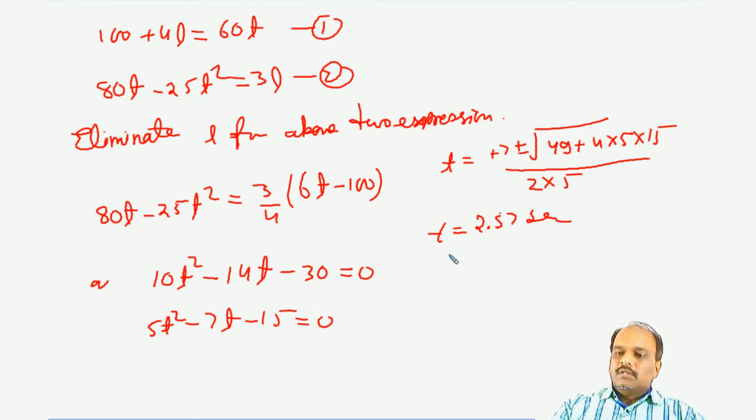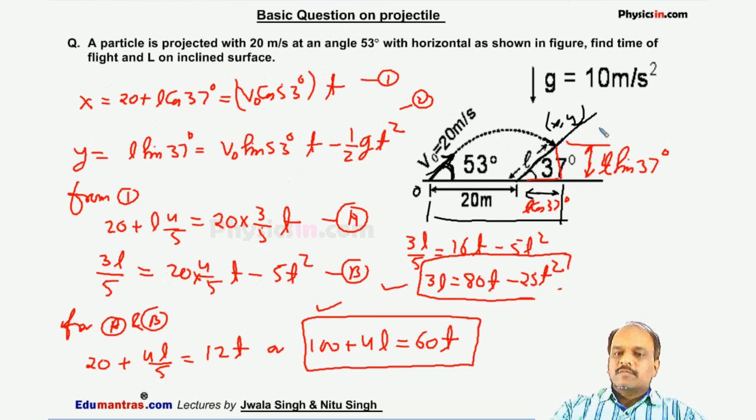We will neglect the negative sign because time can never be negative. So this is the time when the particle will strike the inclined plane. Now if we substitute the value of this t in this expression here, we will get the x coordinate. If we substitute it here, we will get the y coordinate. If we substitute it here, we can calculate L also.